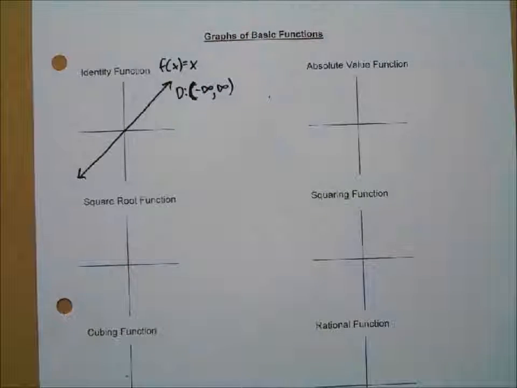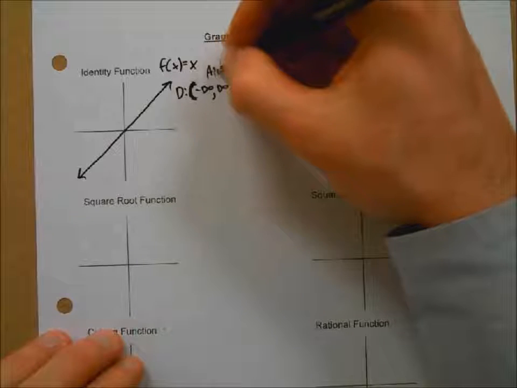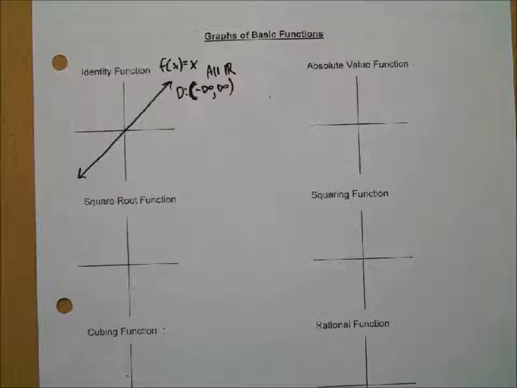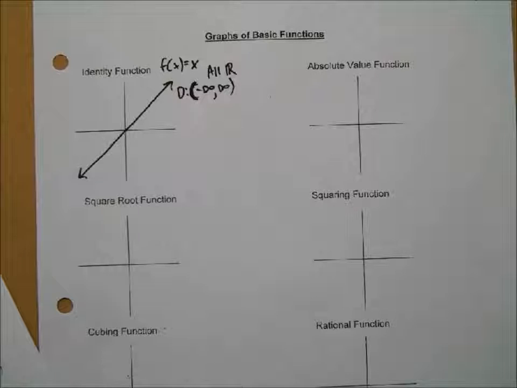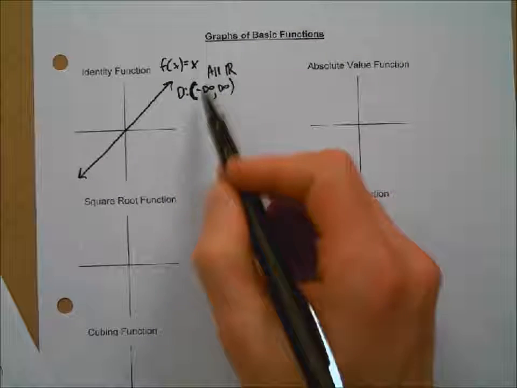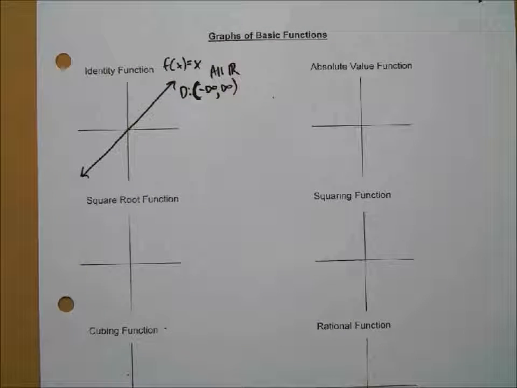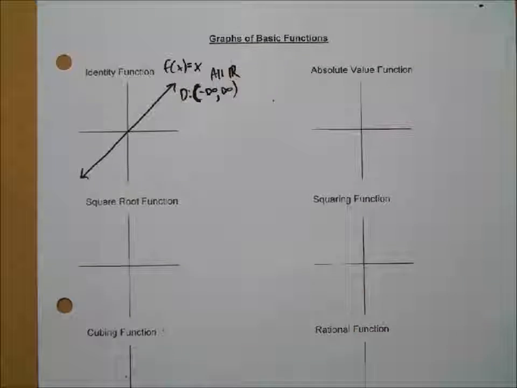Alternatively, if you like, you can say all real numbers, and you can even use a symbol for real numbers if you want to, or you can say all x values, or you can use an inequality, negative infinity less than x less than infinity too. It's really up to you what you're comfortable with. My recommendation is that you get comfortable with the interval notation, but I'll accept it anyway, as long as the directions aren't specific about it. Okay. So, anywho, that was a long piece there.